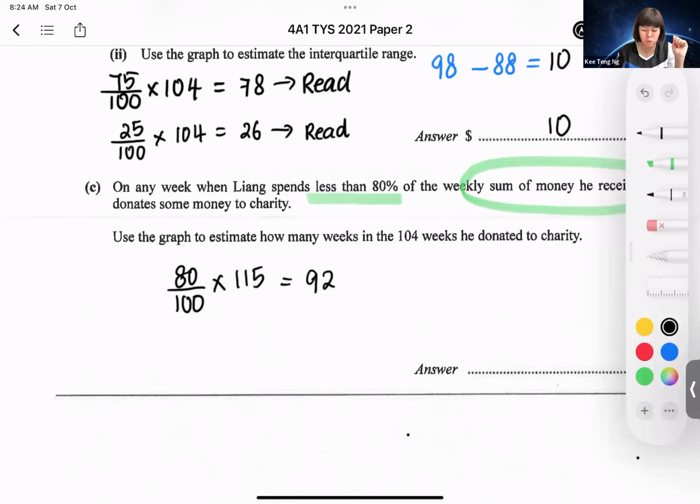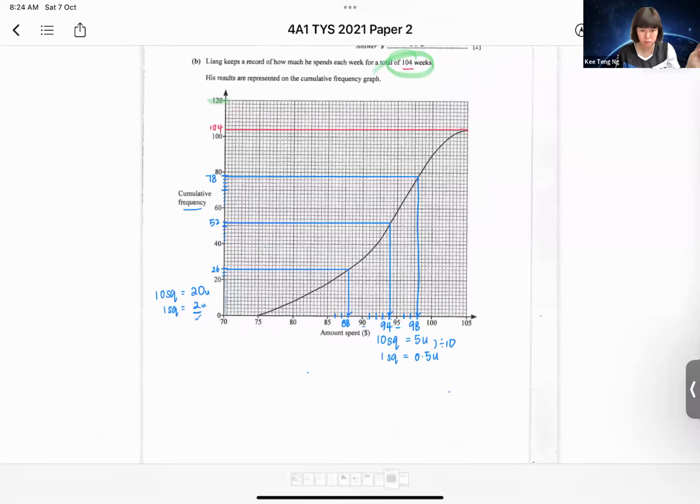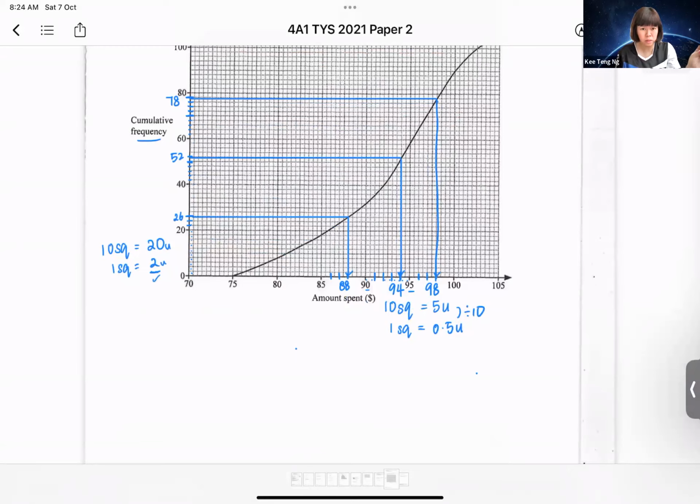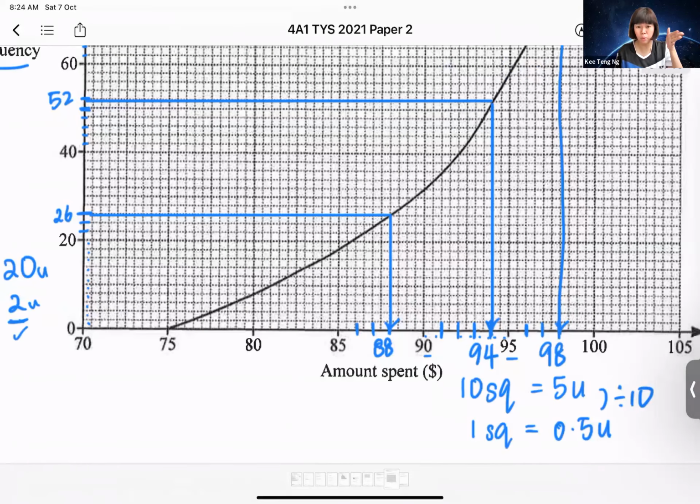Okay, but this 92 is talking about the amount of money, right? Which axis got money? Let's check. Is it the horizontal or the vertical? The vertical is the number of weeks, right? So the horizontal is talking about money.